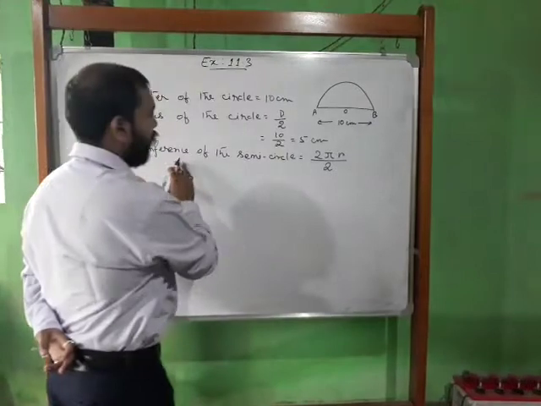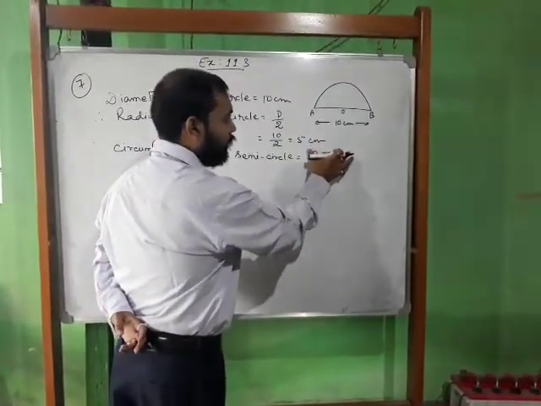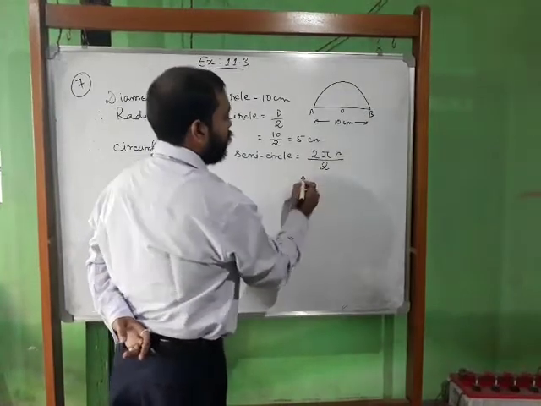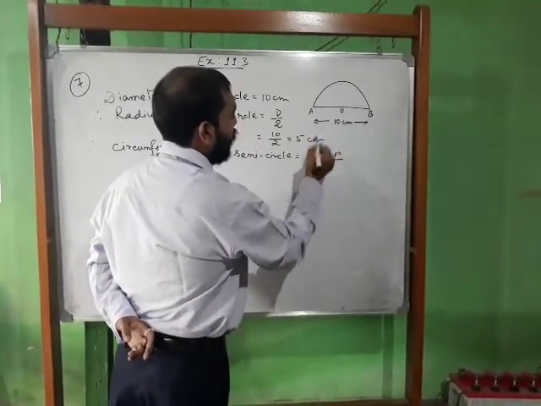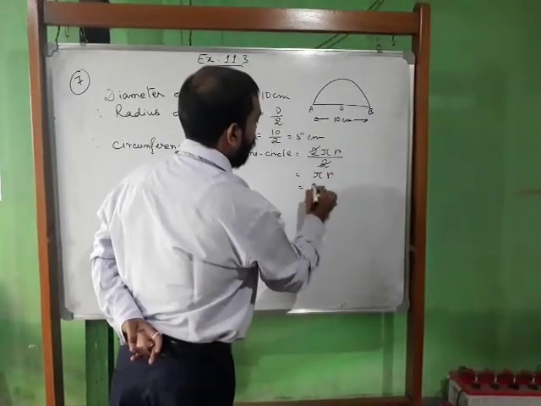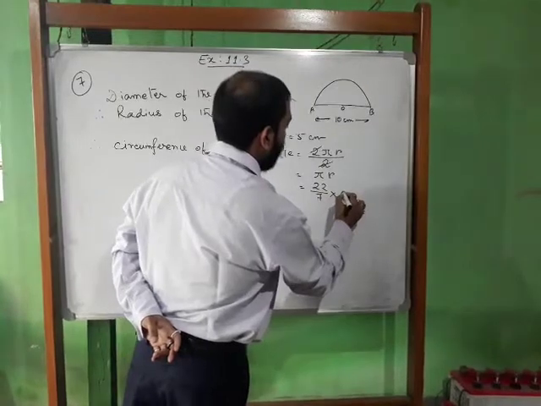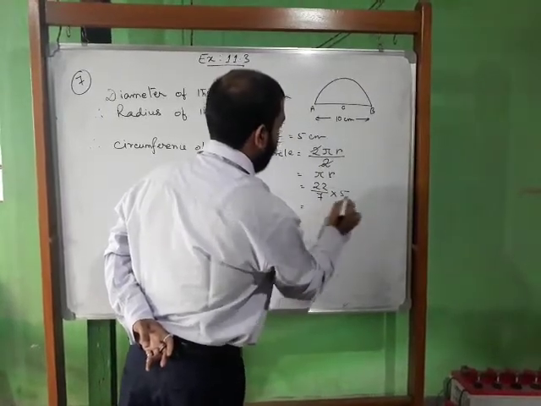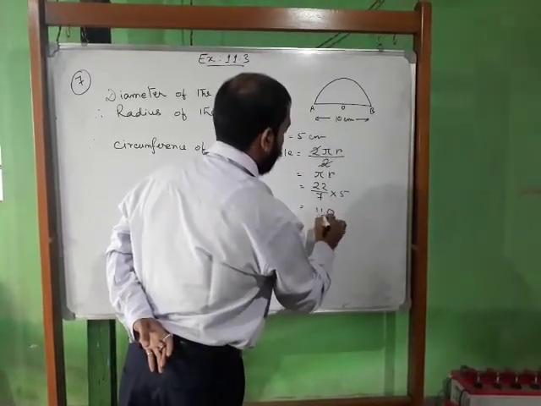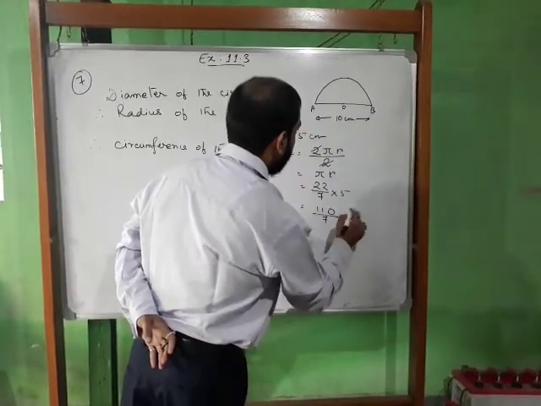So the circumference of the semicircle is the circumference of the circle divided by 2. These two and these two we can reduce, so now that is pi r. Now put the value 22 by 7 into r, and r is given as 5. So it is 110 by 7 centimeter.